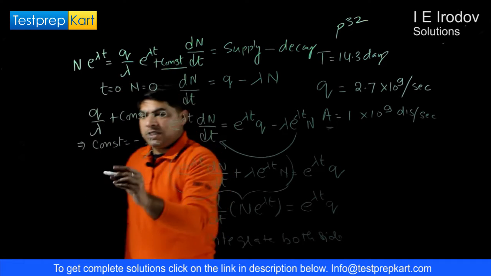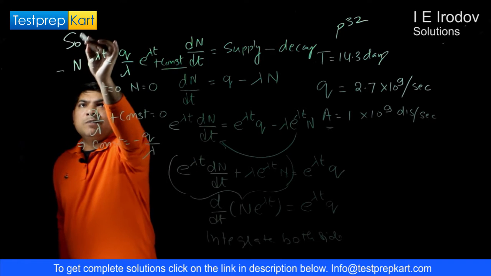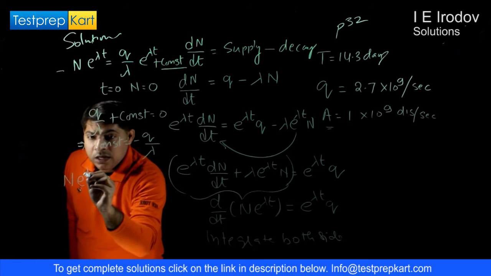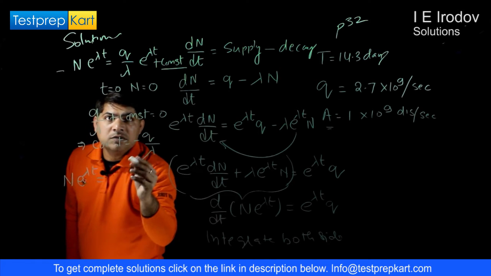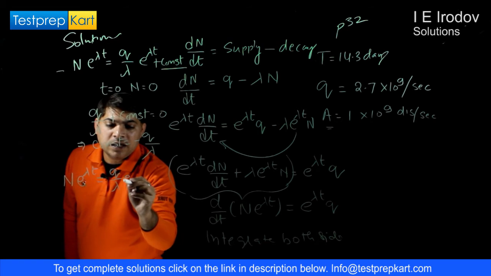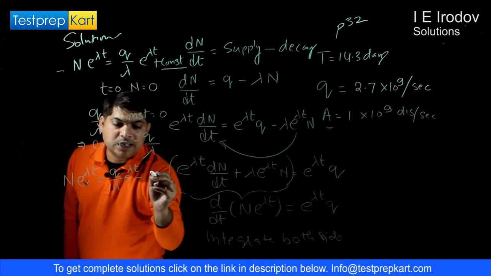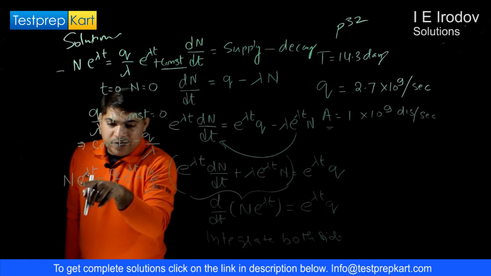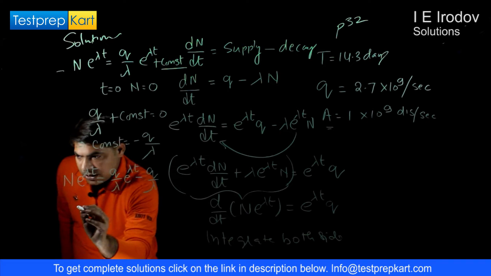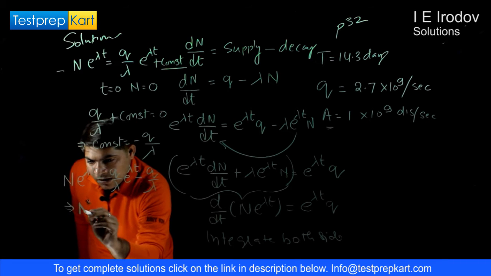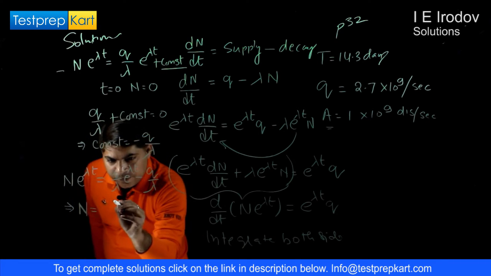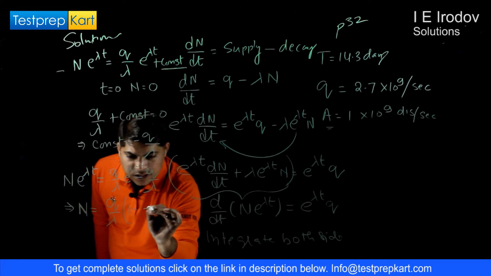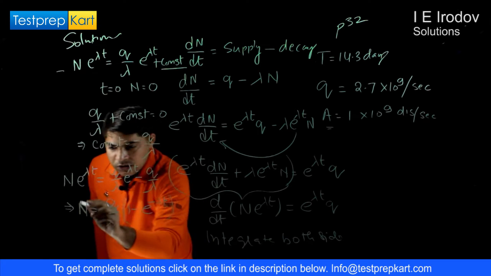So we can rewrite this expression. This is the solution of the differential equation: N e^(λt) = (Q/λ) e^(λt) − Q/λ. Now we eliminate e^(λt) to get a proper expression for N, that is N = (Q/λ)(1 − e^(−λt)).